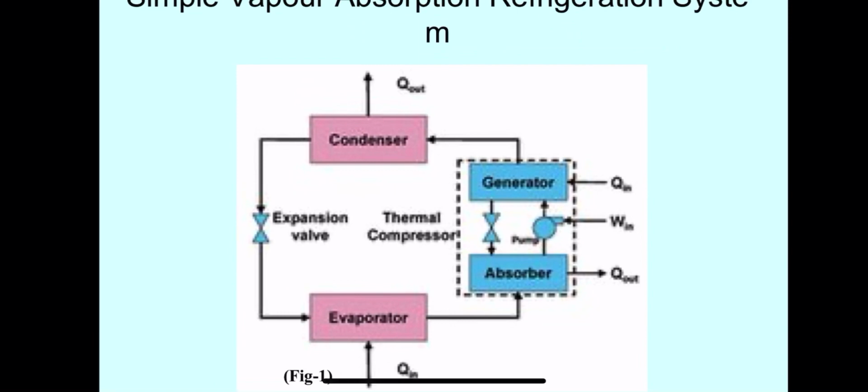Here Q in, Q out. Heat is given to the generator, and heat is removed from the absorber and rejected outside. We supply work input to the pump.